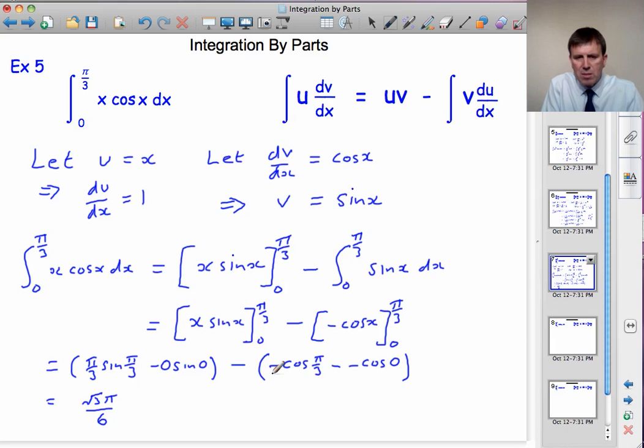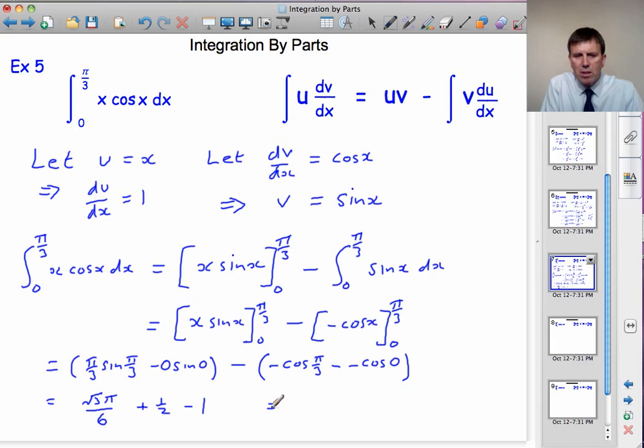Here we've got minus cos pi by 3. Cos pi by 3, cos 60 degrees is a half, so it's minus a half, which is plus a half. And finally, here's 3 negatives here, minus cos 0. Cos 0 is 1. We've got 3 negatives multiplied together, which makes it negative, so it's minus 1.